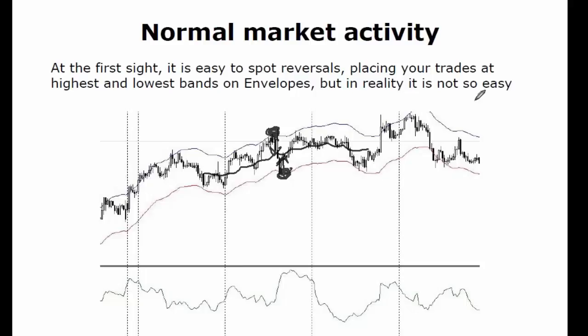For example, once you see a high, you want to increase the deviation parameter to have your upper band of the envelopes fit this high. Or, when you have a low, you also want to increase the deviation parameter to have your low correspond to the lower band of the envelopes.